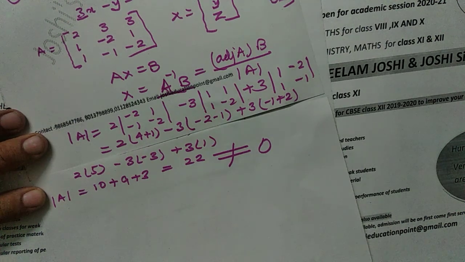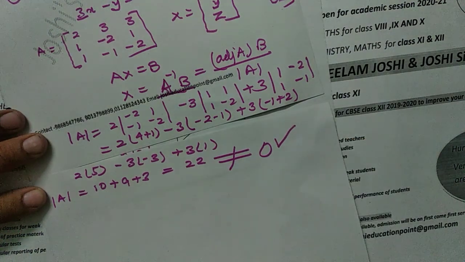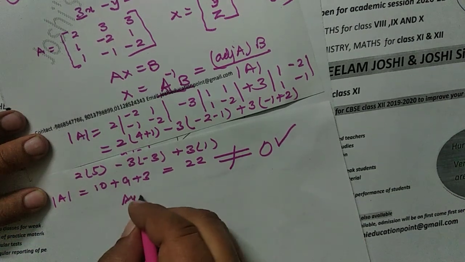But we need not calculate the solutions in that case. That is beyond your syllabus. So in most cases, this year you will get it not equal to 0 only. Means the system is consistent with a unique solution. Need not write it because we will not ask about consistency. But you can say it is in this case consistent.